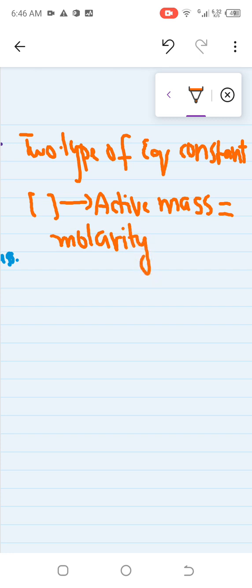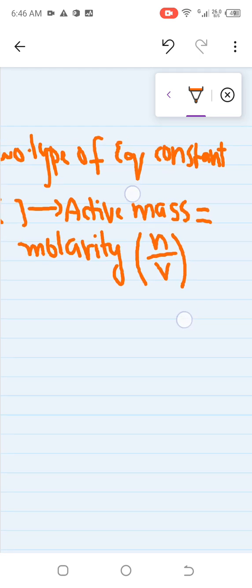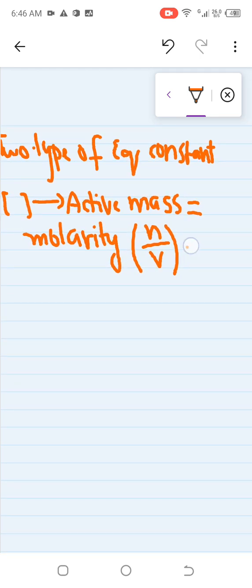Now what is molarity? Molarity is basically the number of moles per volume. Whenever in the question the number of moles and volume is given, you will put the equilibrium constant Kc. Remember, whenever the molarity, the number of moles per unit volume, is being asked, you will put the equilibrium constant Kc.